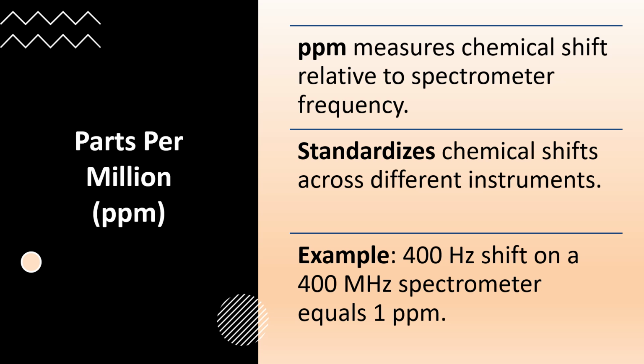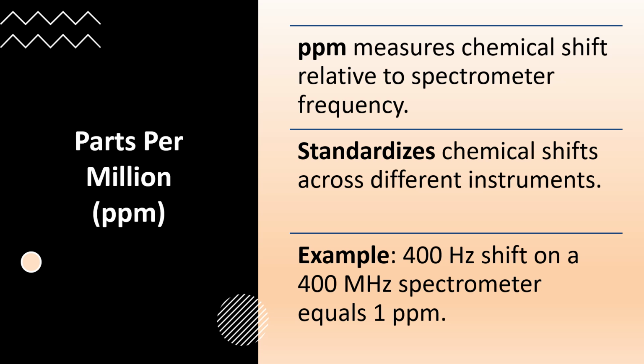In NMR, the resonance frequency of a nucleus depends on the strength of the applied magnetic field, which varies between spectrometers. For example, a 400 megahertz spectrometer generates a different absolute frequency for the same nucleus compared to a 600 megahertz spectrometer. Without a standardized unit, comparing chemical shifts across instruments would be challenging.